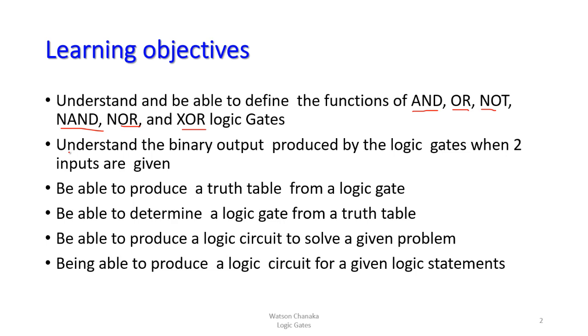And the last objective is being able to produce a logic circuit from a given logic statement. Some of these objectives, we'll check on them when we finish chapter 4, and that will be good enough to give us feedback on whether we have managed to meet our objectives.